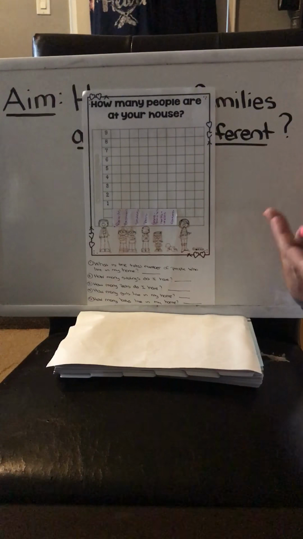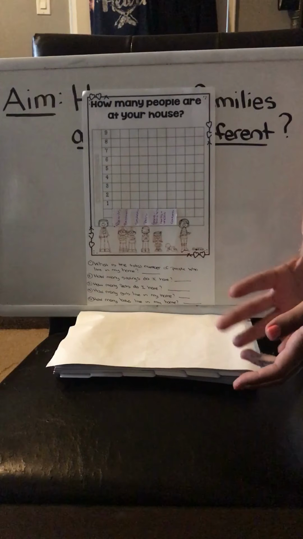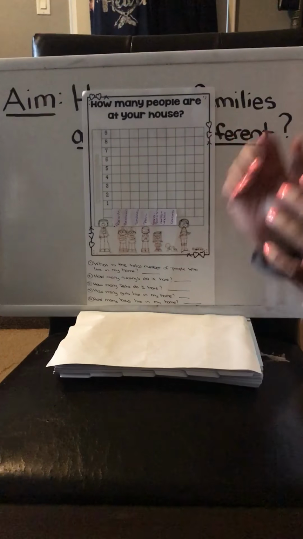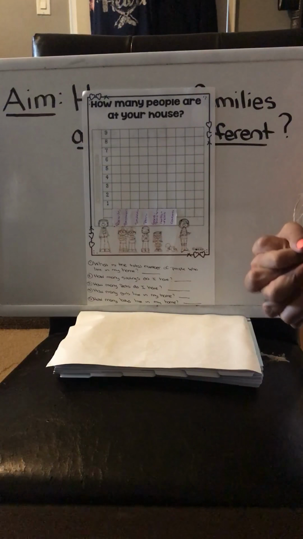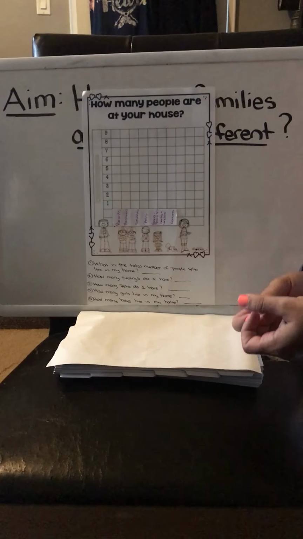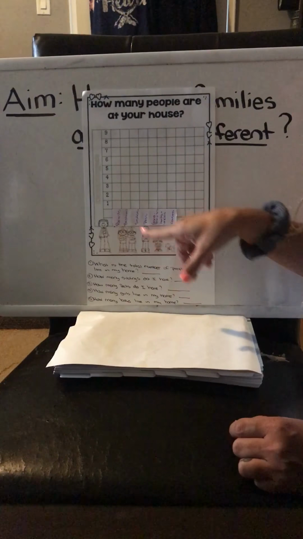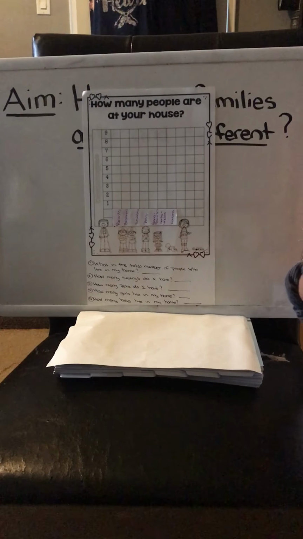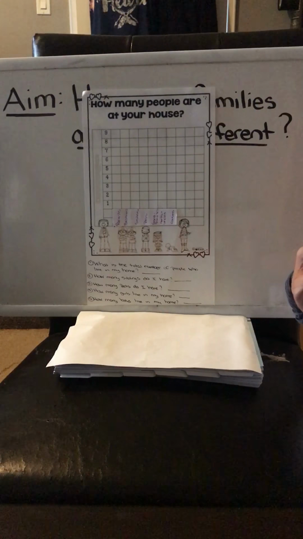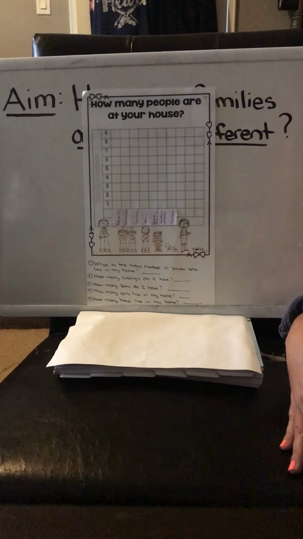Some children here might have parents who live in their home, right? Parents or grandparents or whoever is taking care of them are considered their parents. So I want you to watch me as I graph the people who are living in my home, and then we're going to try and do some together. Watch me how I fill out this graph.